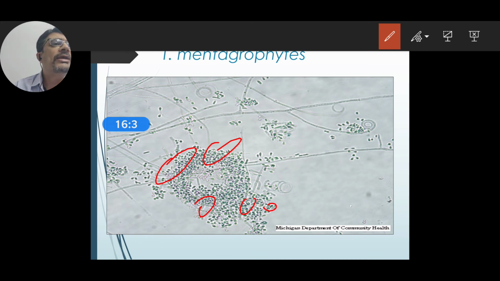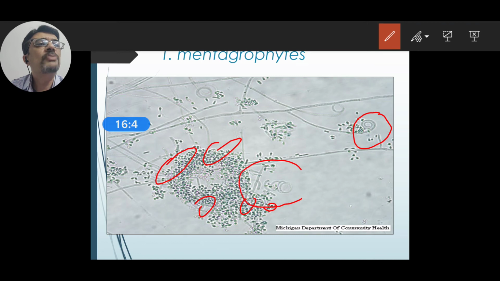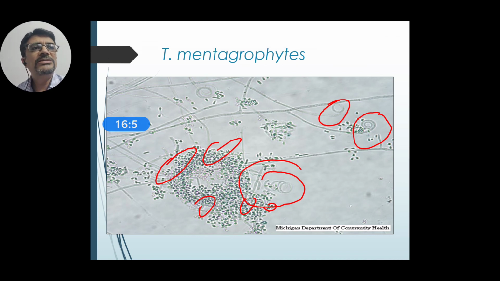And another characteristic feature which you see here in this picture, I just want to point out, that is spiral hyphae. If you can see here, the hyphae at the end is spiral. Here it is spiral hyphae. Here also it is spiral hyphae. So that is a characteristic of Trichophyton mentagrophyte. So by such characteristics you will be able to identify.